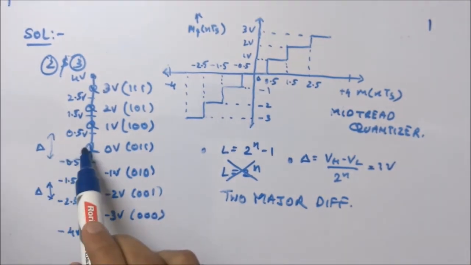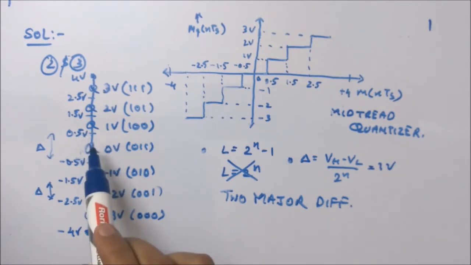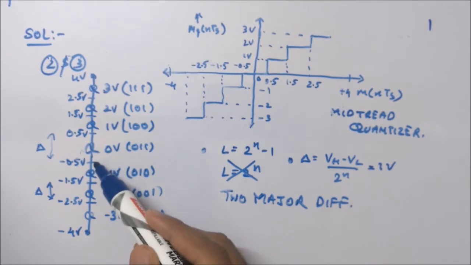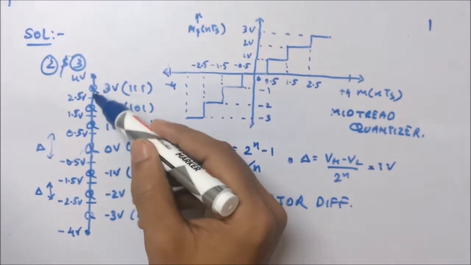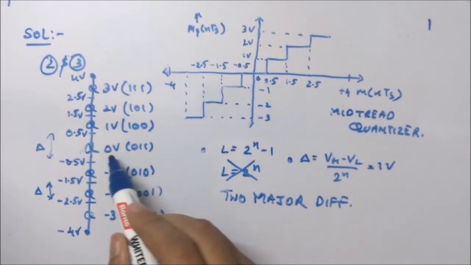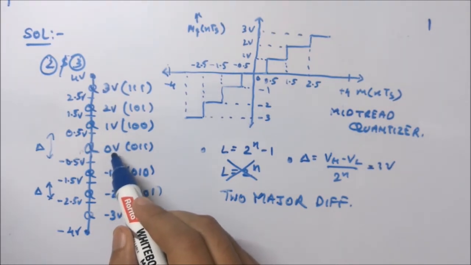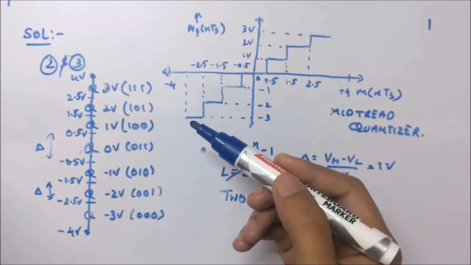And this difference is total delta. From 0 volt to 0.5 volt there is delta by 2, that is 1 by 2. Similarly on this side as well. Now you mark other points at the difference of delta. If 0 volt is one of the quantized values, then you will have 7 quantized levels instead of 8.